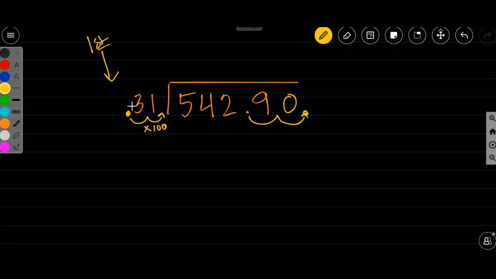So we can still move this over. All you have to do is fill in that space with a 0, and it changes this number to 54,290 divided by 31. So that's all you do. If you move this over twice, 100 times its value, you have to make this number 100 times its value, and you'll get the same answer.